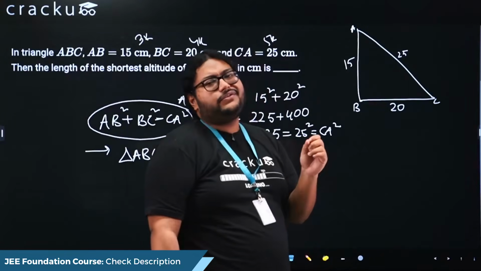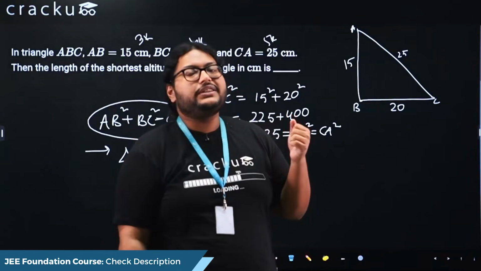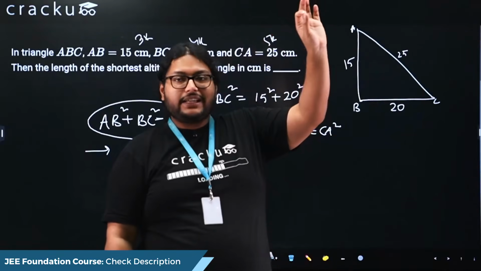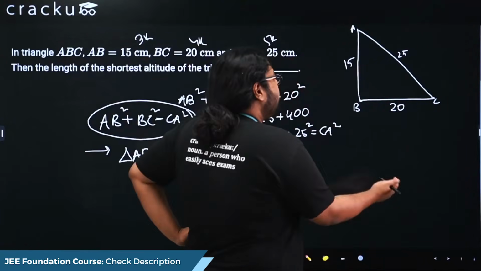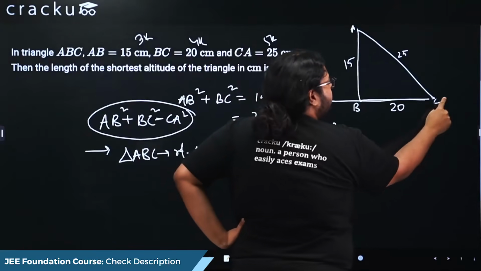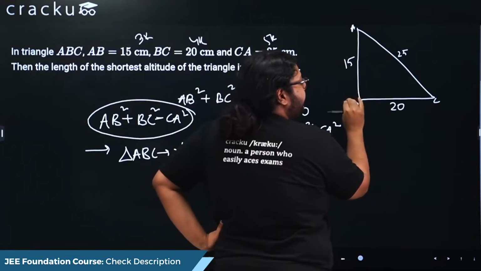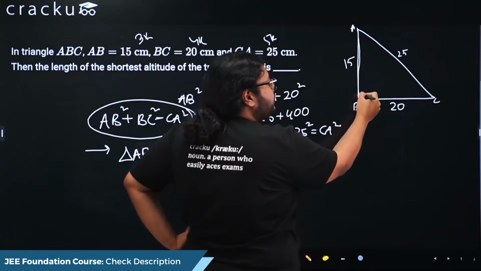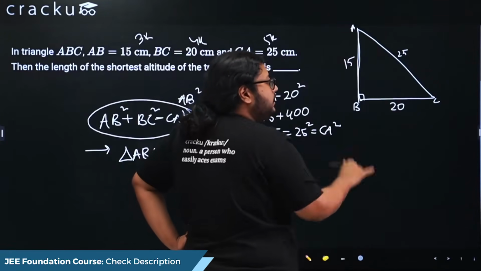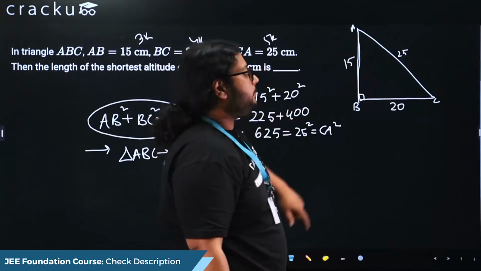What is the definition of an altitude? The definition of an altitude is that from the vertex, you drop a perpendicular to the opposite base. Here, if I take this to be the base, what is the perpendicular that is dropped? This one only. So AB is an altitude here.